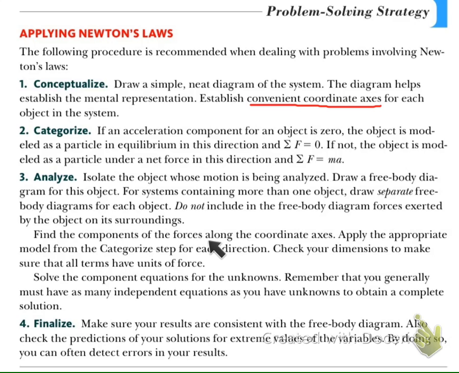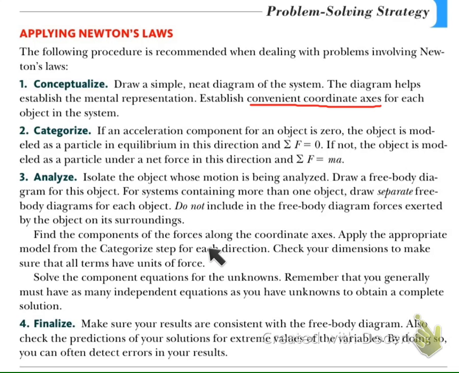Find the component of the force along the coordinate axis. Apply the appropriate model from the categorize step for each direction. This is what I explained before, that since the force is a vector, you can separately analyze your problem for each coordinate axis.